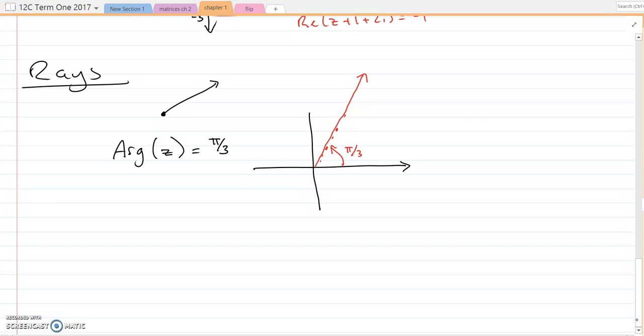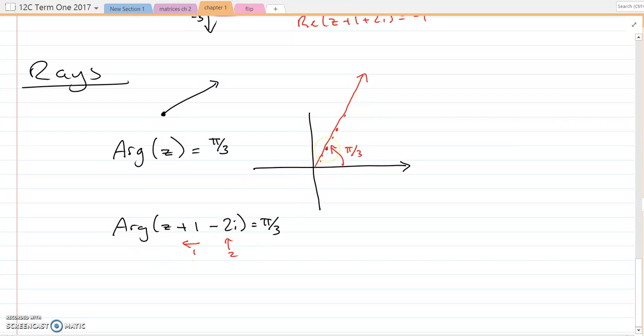And you can also shift a ray. So if I had arg of z plus 1 minus 2i equals pi over 3. Of course, I'm going to shift this left 1 up 2.